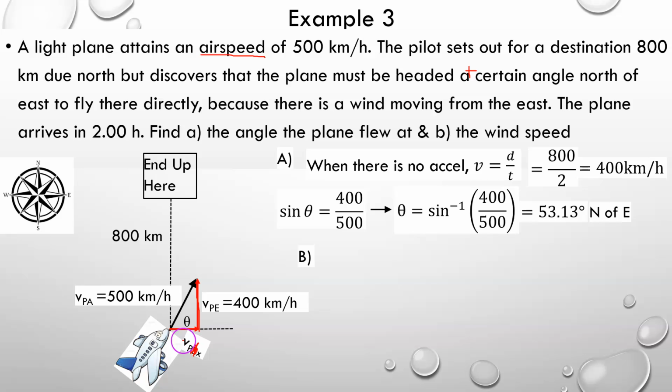So let's just call it the velocity of the plane in the x direction. Now, since we have these two legs of the triangle, it should be really easy to find this leg of the triangle. This blue arrow that represents the wind would be going directly opposite to the x component of the plane's velocity. So the velocity of the wind is equal to the velocity of the plane in the x direction.